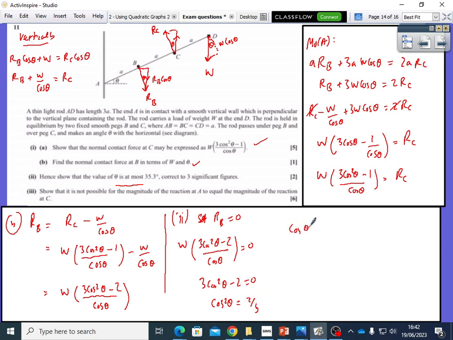So cos theta equals the square root of 2 over 3. Okay, so theta equals cos inverse of the square root of 2 over 3. Now that could be plus or minus, but in this case it won't make a difference. So if you do that in the calculator, the cos inverse of root 2 over root 3, you will get 35.264. I'm just going to round that to 3 significant figures, and that will be the most theta will be, when that is 0, and that will be right against there.